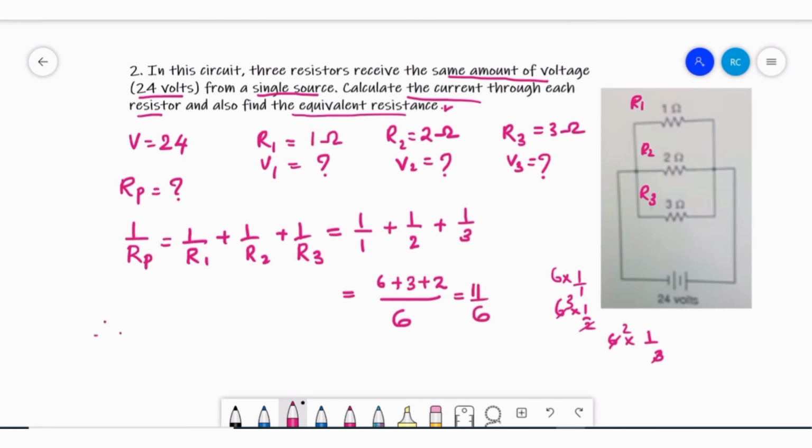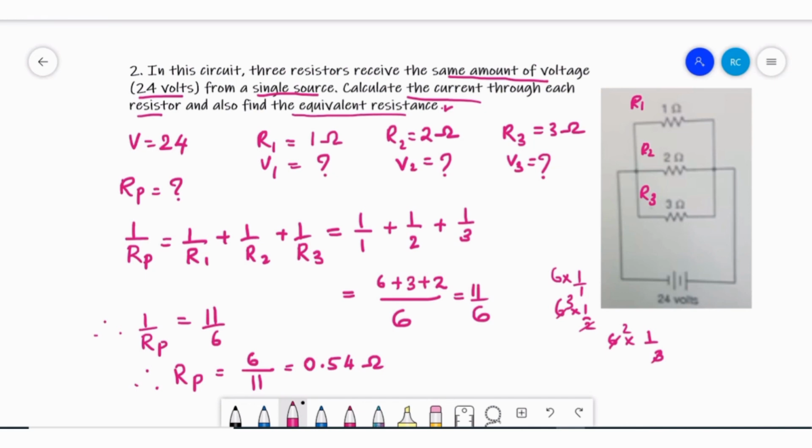So 1 by Rp is equal to 11 by 6. Therefore Rp is equal to 6 by 11. If you further solve this, you will get 0.54 ohms. So the equivalent resistance or total resistance through the conductor is 0.54 ohm.